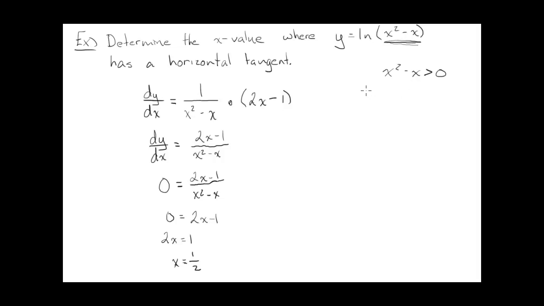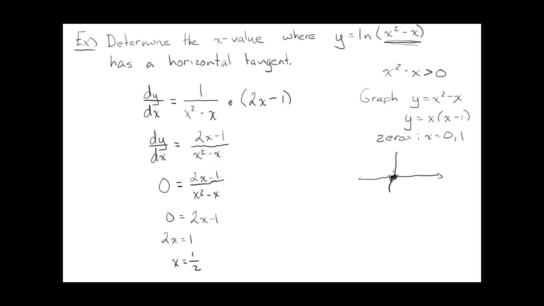So if you remember from advanced functions how to do that, there's a few different ways to do it, but one way is to just graph the corresponding function y equals x squared minus x, which would factor as x times x minus 1, which has zeros at 0 and 1. So a very quick sketch of that.